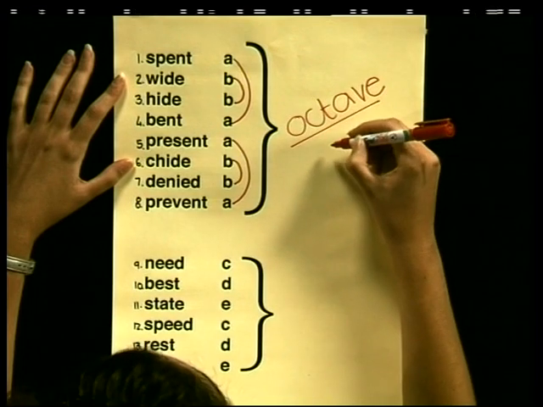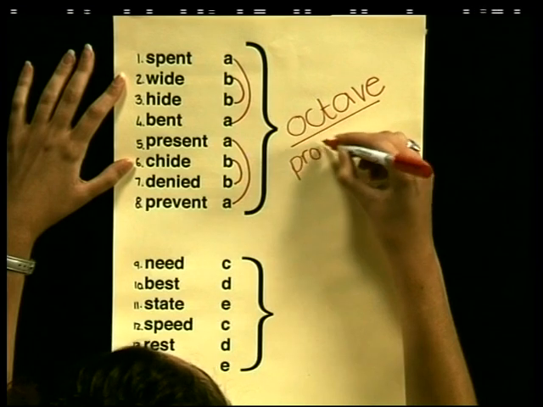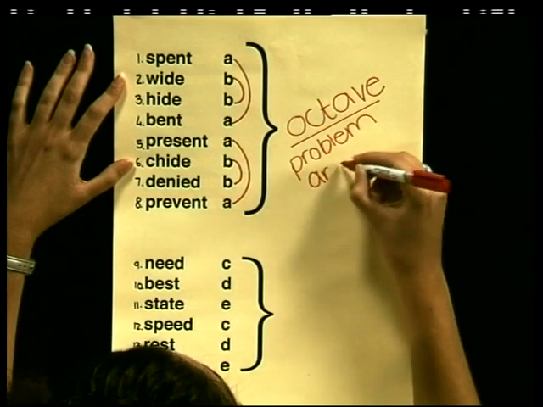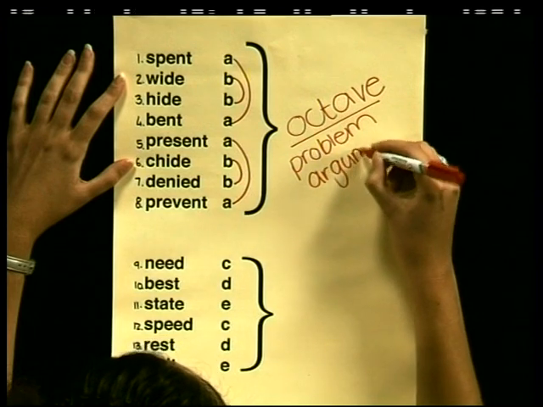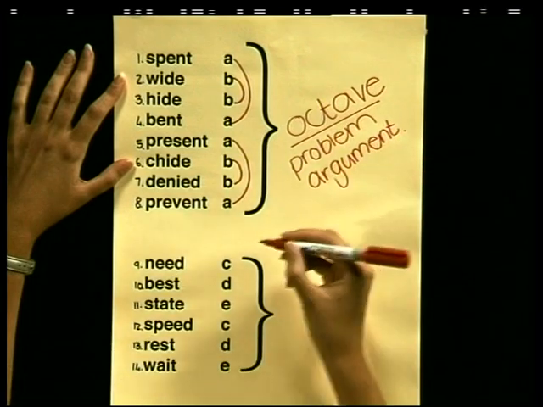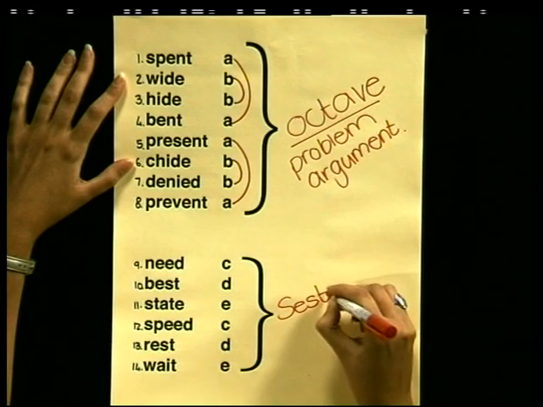In the octave, the Italian sonnet poses a problem or argument. Now we move on to the sestet.